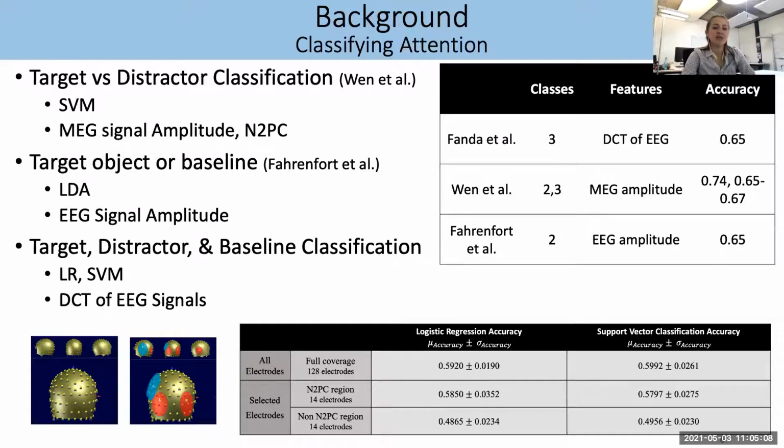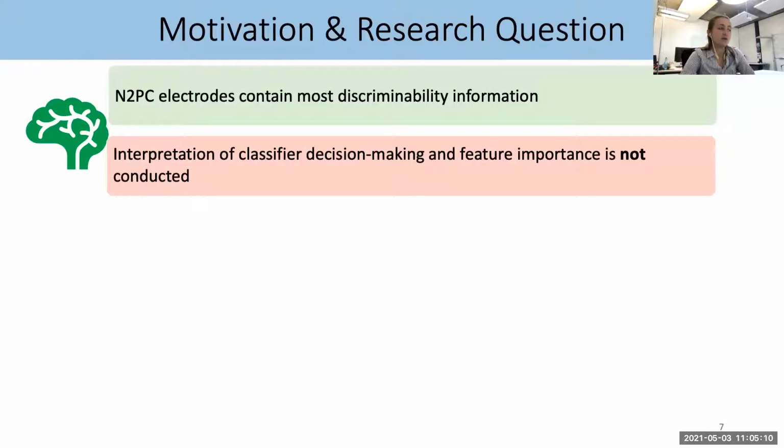So what we decided to do now is to take this understanding of N2PC, that we know that N2PC electrodes contain the most discriminable information because they've been successfully used in previous work. But what hasn't been done previously is the interpretation of these classifiers on their decision-making and feature importances.